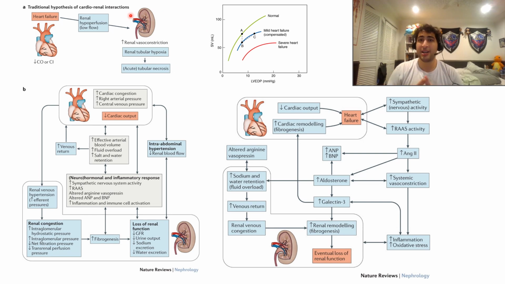The heart's in failure. Remember, mean arterial pressure, and I would recommend you look it up real quick if you don't remember it, is a product of cardiac output and systemic vascular resistance. So when you have low cardiac output, you're going to have decreased mean arterial pressure, and that applies to the renal artery.